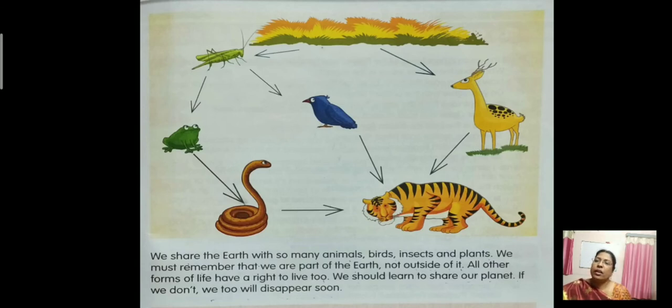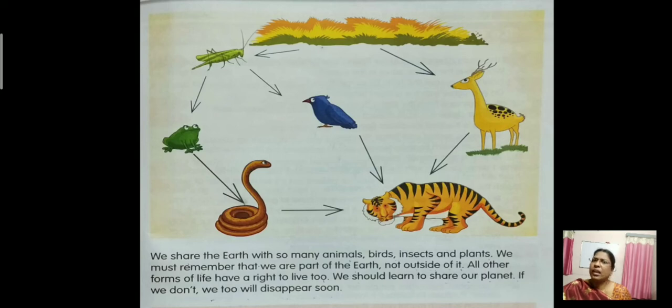Clear, children? Now why do you think the author wrote this particular essay or lesson? Why has Sowmya Rajendran written this one? Yes, she wanted to convince us, she wanted to inform us about saving tigers, isn't it? So now, how is this essay different in purpose from a story like The Tale of Peter Rabbit?